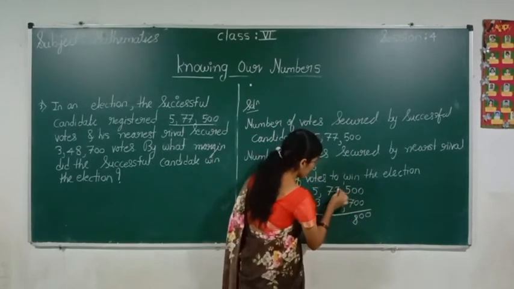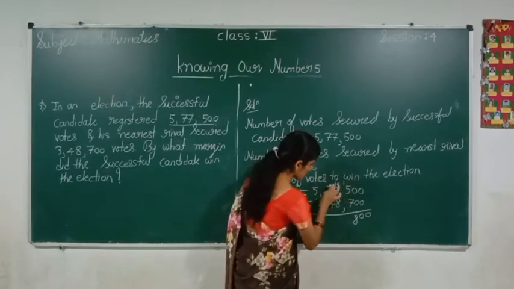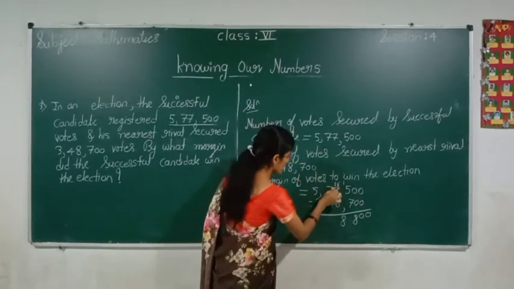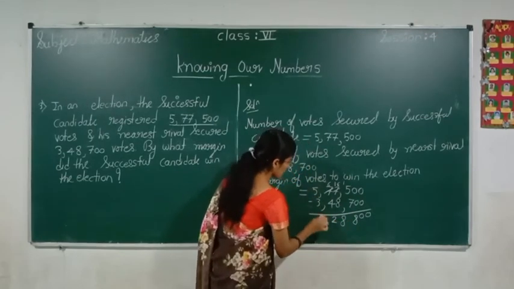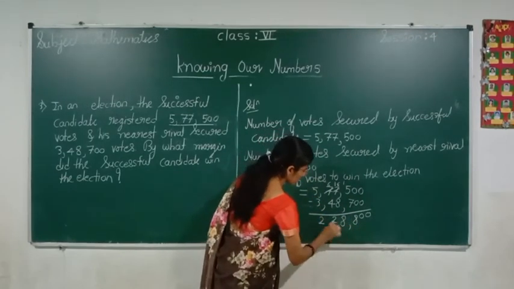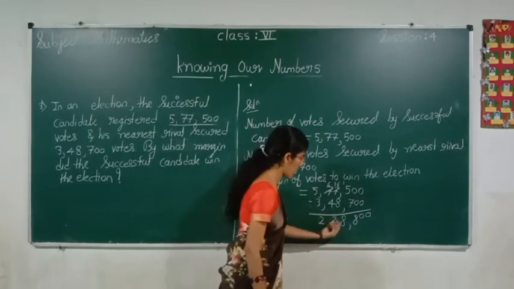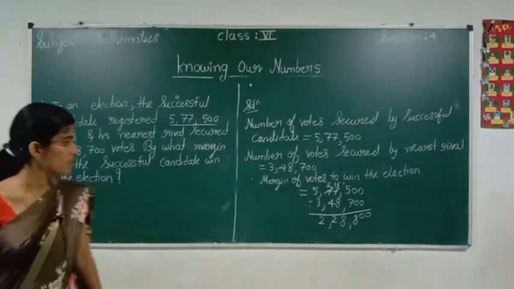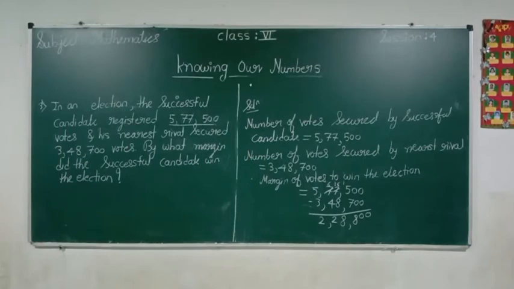Okay, here it will become 16, right? 16 minus 8 is 8, and here it will become 6. 6 minus 4 is 2. 5 minus 3 is 2. Give the commas. The margin of votes to win the election is 2,28,800. What is that? 2,28,800. We will see the next problem.